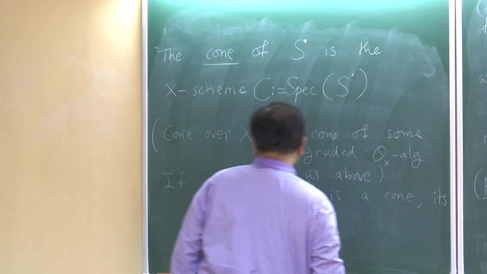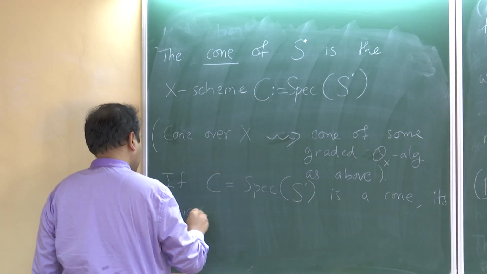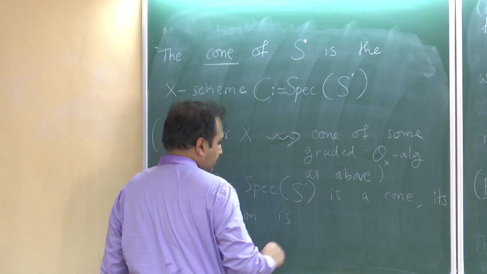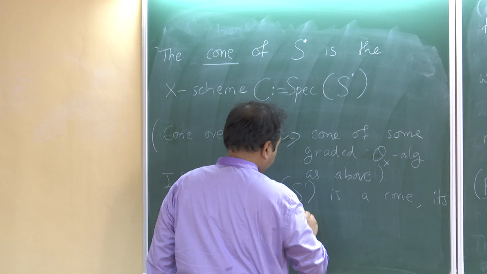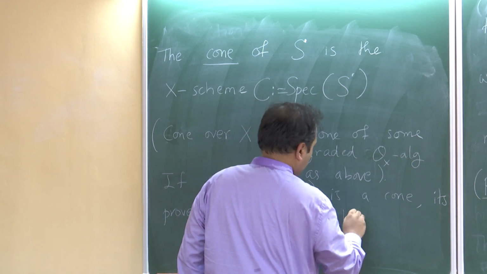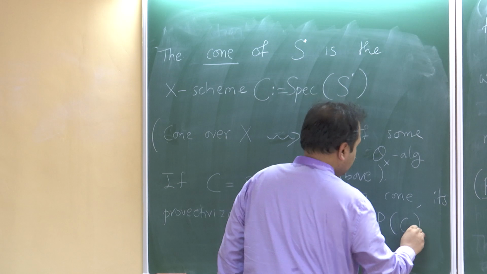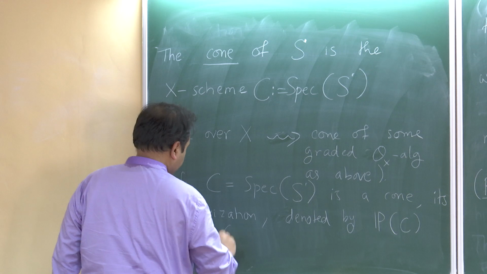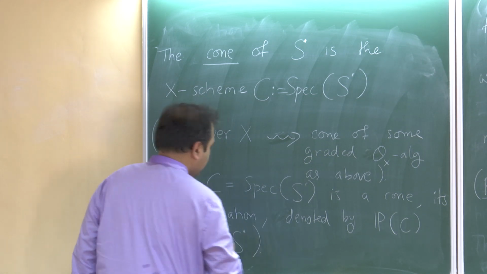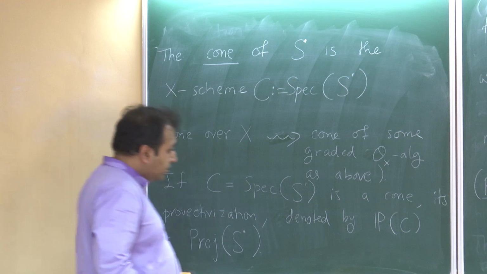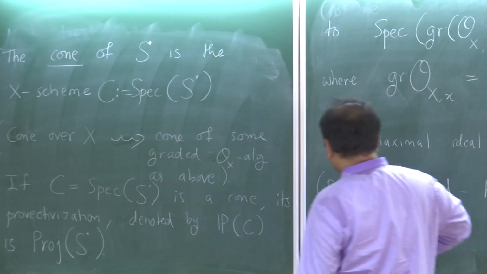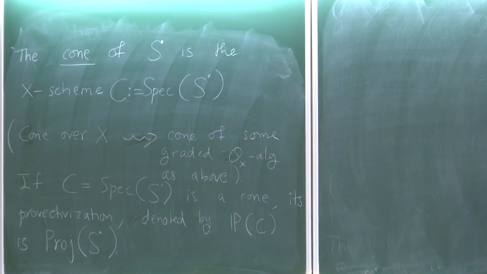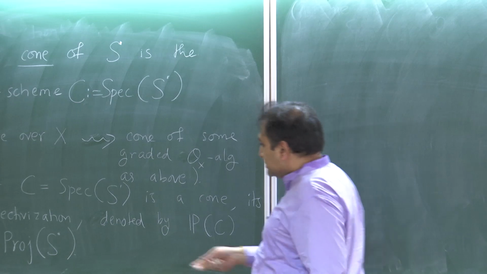Its projectivization, denoted by PC, is defined to be Proj of this. We are going to have to do some calculations with this, so I hope people remember what this is.